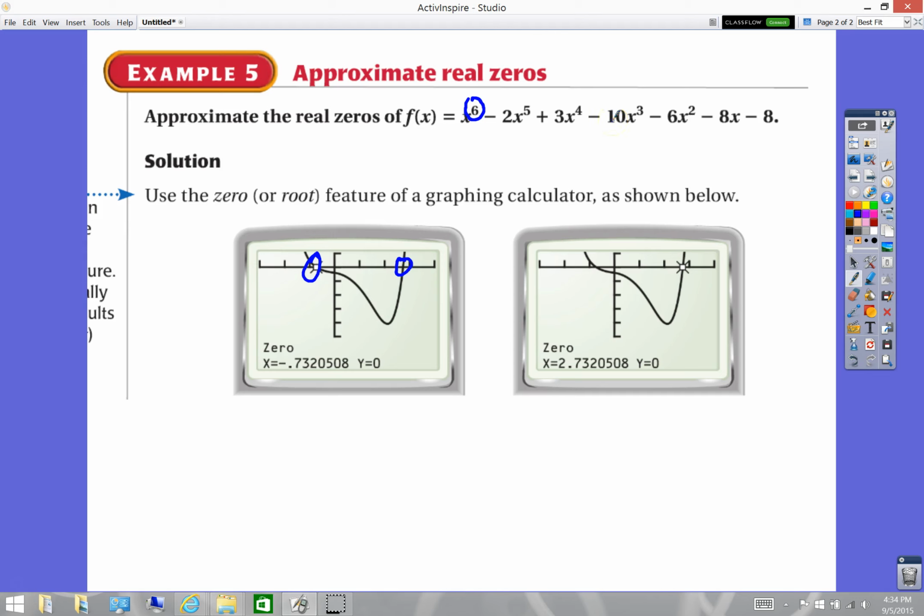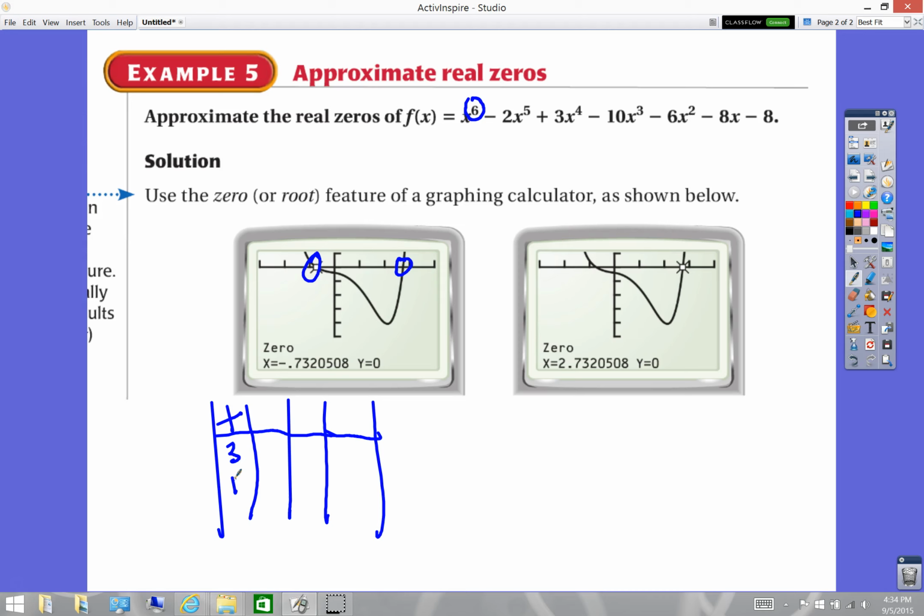So the number of positive could be 3 or it could be 1, right? 3 changes of sign, you have to consider it could be less by an even number, right?